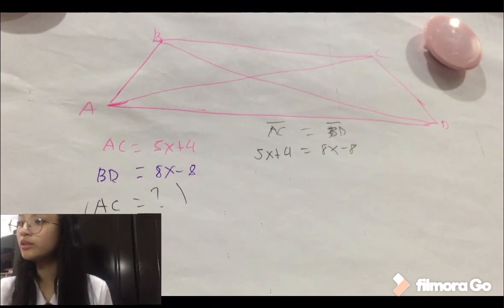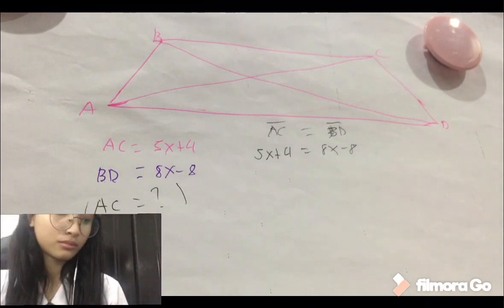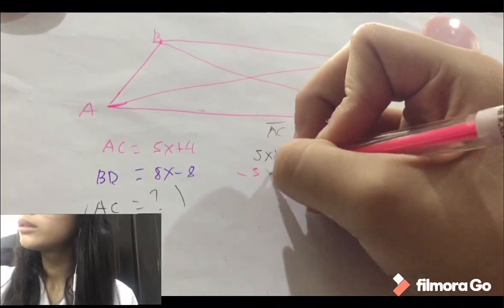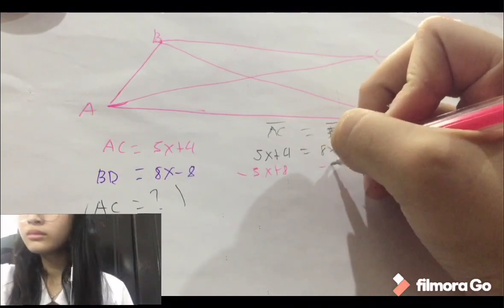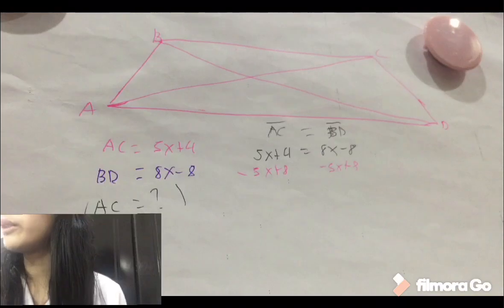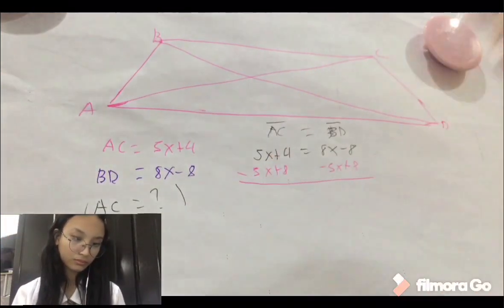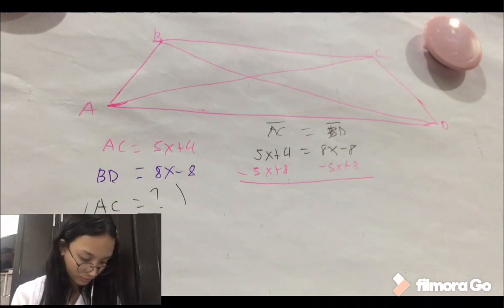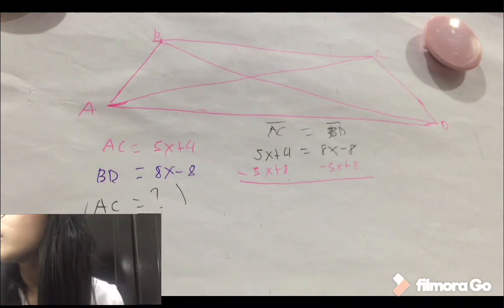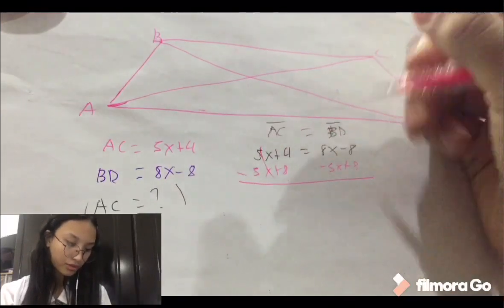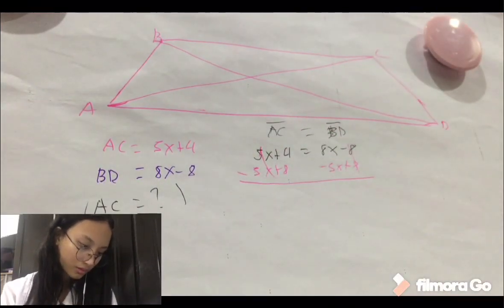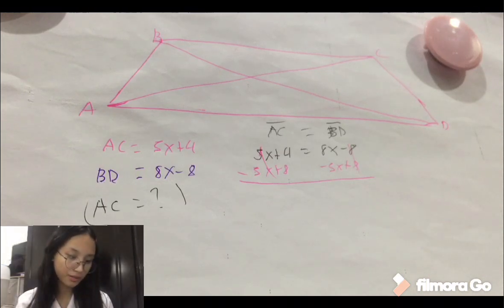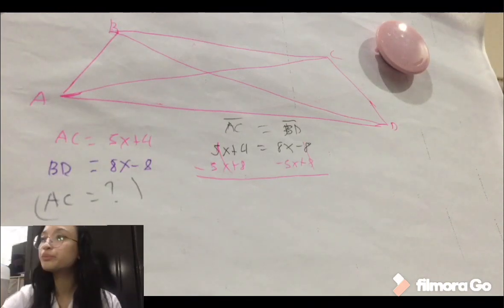We cancel these. On the left we have 4 plus 8, which is equal to 12.